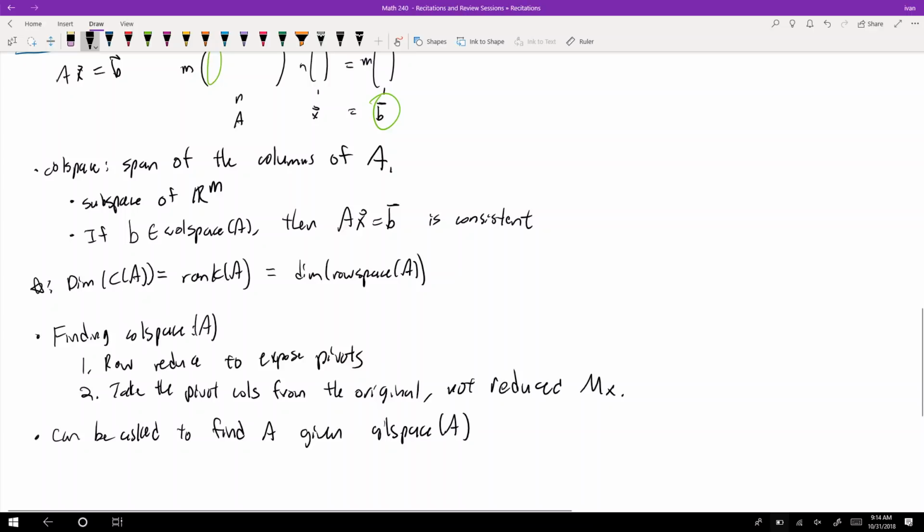If they give you P_BC, they might ask what P_CB is. Take the inverse. But here you can be asked to find A given the column space of A. I think you guys did some homework problems on this that we did not grade. So I don't think those will be helpful. But in general, does anyone have any idea how to do this?